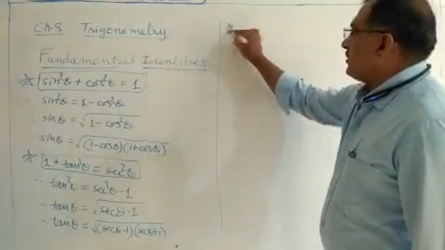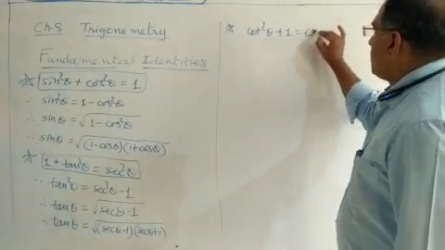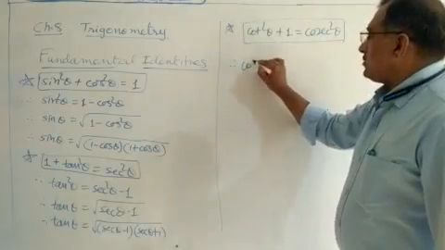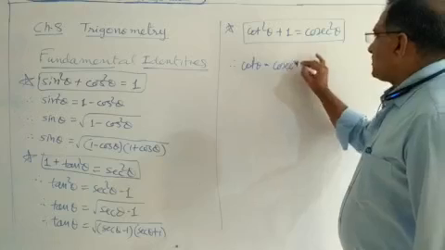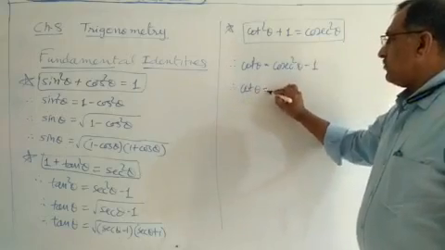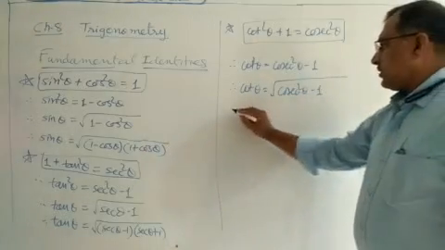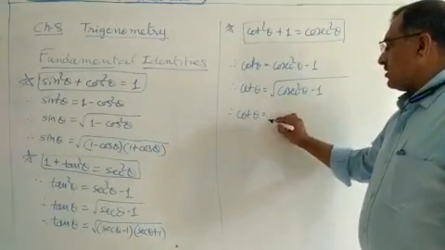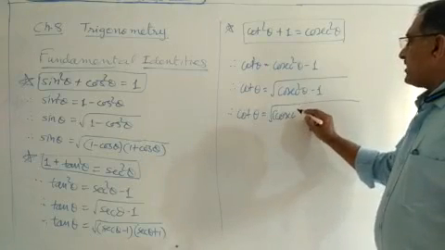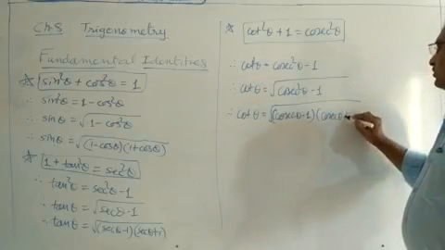So now cot square theta is equal to cosec square theta minus 1, on subtracting 1 on both the sides, and then taking square root we get cot theta is equal to square root of cosec square theta minus 1, and therefore, using a square minus b square identity, we can have cot theta is equal to under the root cosec theta minus 1 multiplied by cosec theta plus 1.